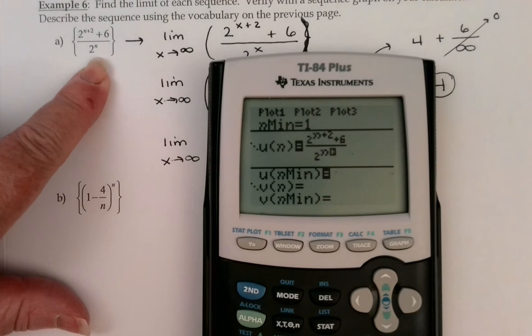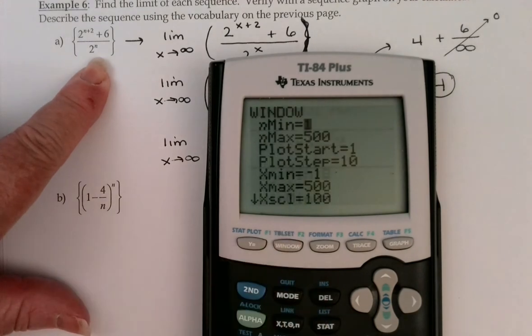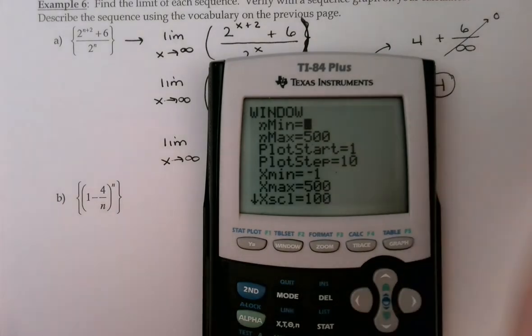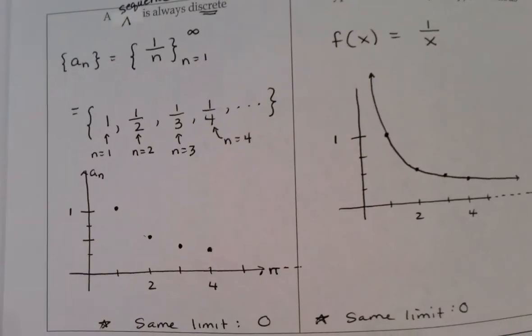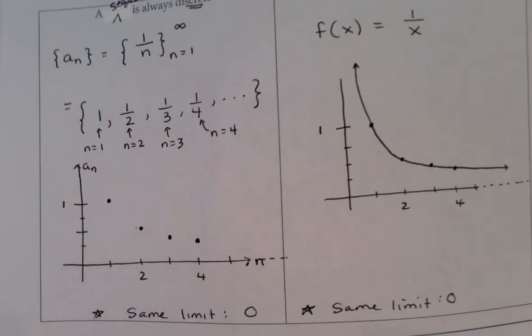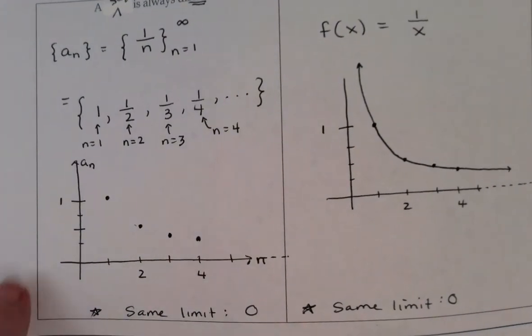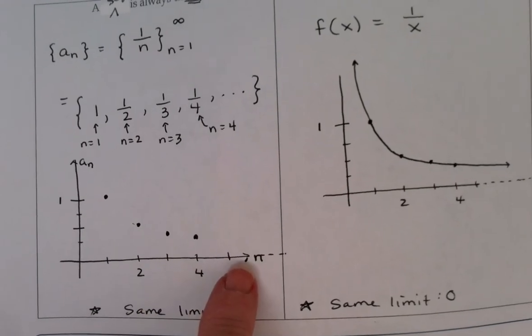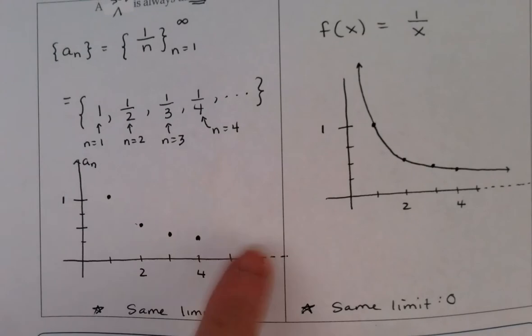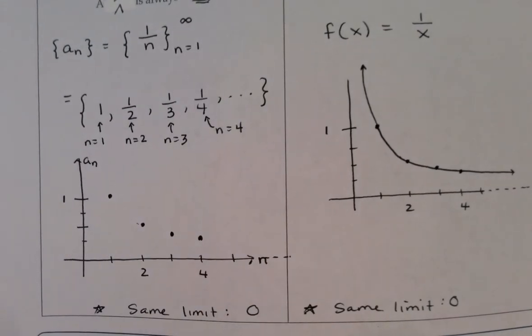I now want to graph this. Let's set a window. Again, if you just remember what we saw over here, I kind of had my window from about -1 to 5 on the x-axis. We could go a little further. Maybe we'll go -1 to 10 on the x-axis. But everything's really small on the y. Everything's 1 or smaller, so I'm going to keep my y values pretty small.